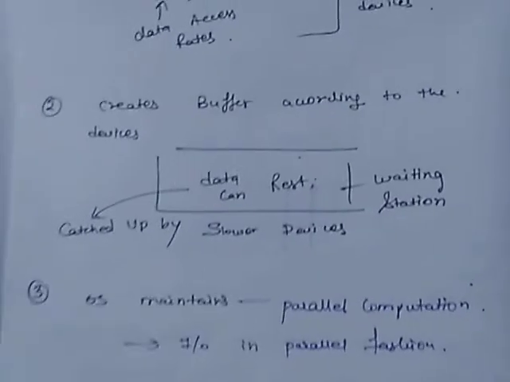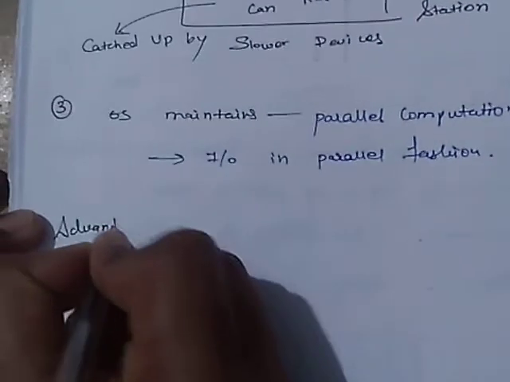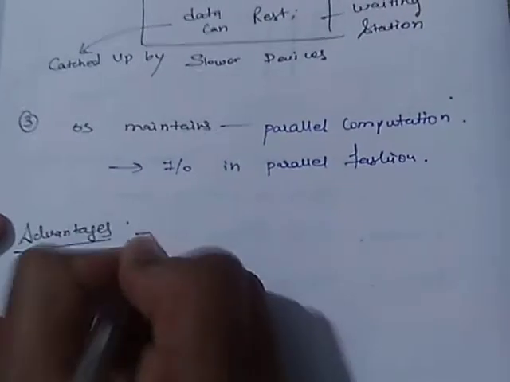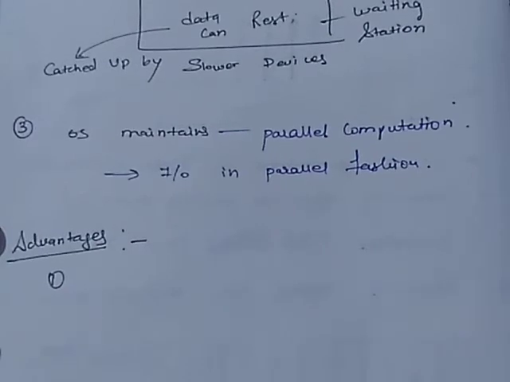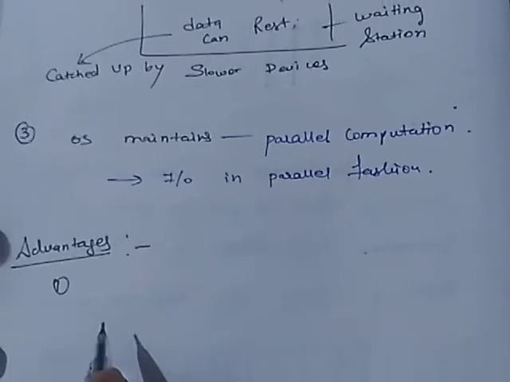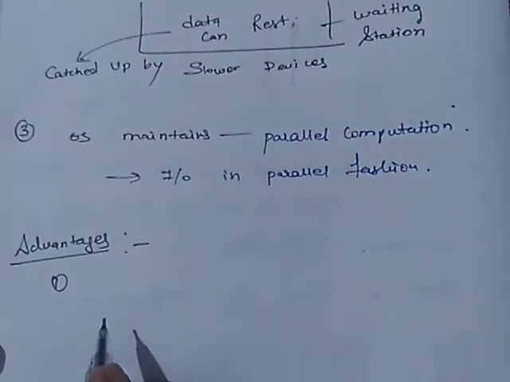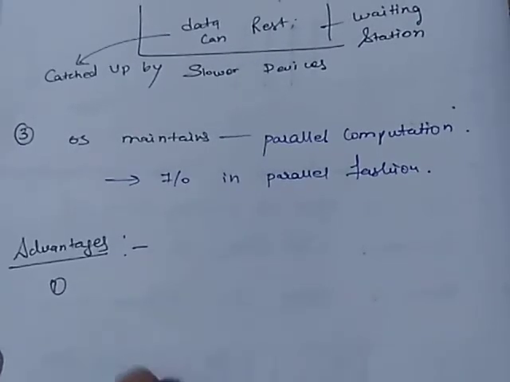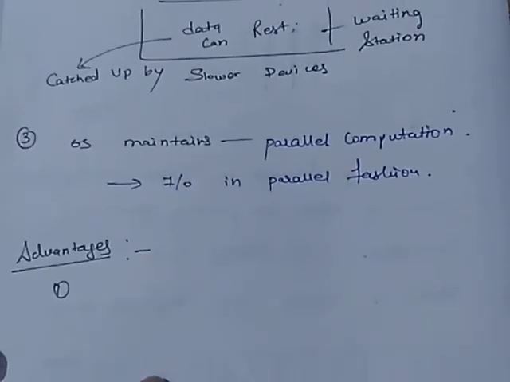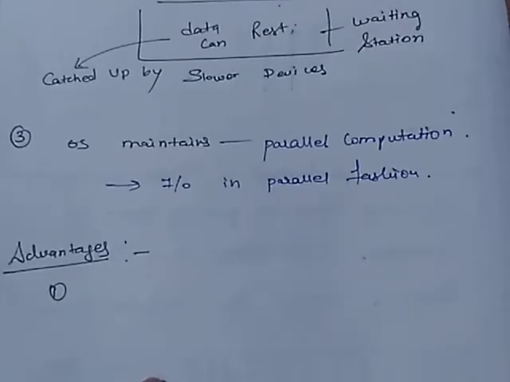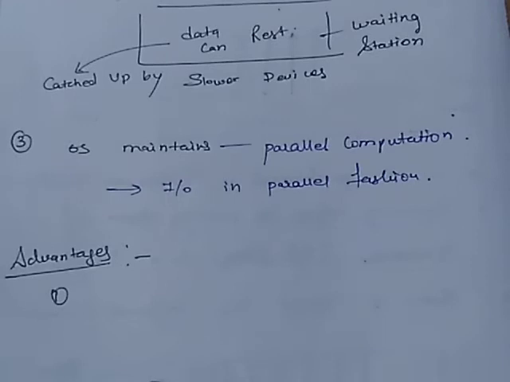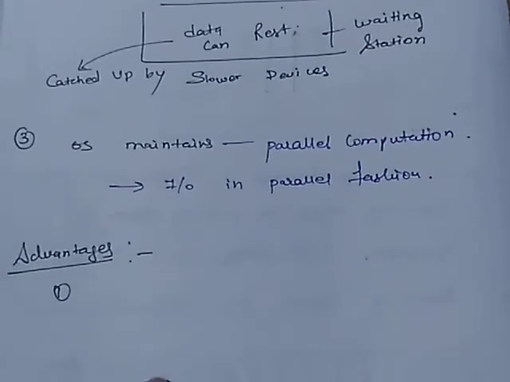Now students, what are the advantages? So point number 1, in spooling, in accordance with primary memory, secondary memory is also used. In secondary memory we have hard disk drive.